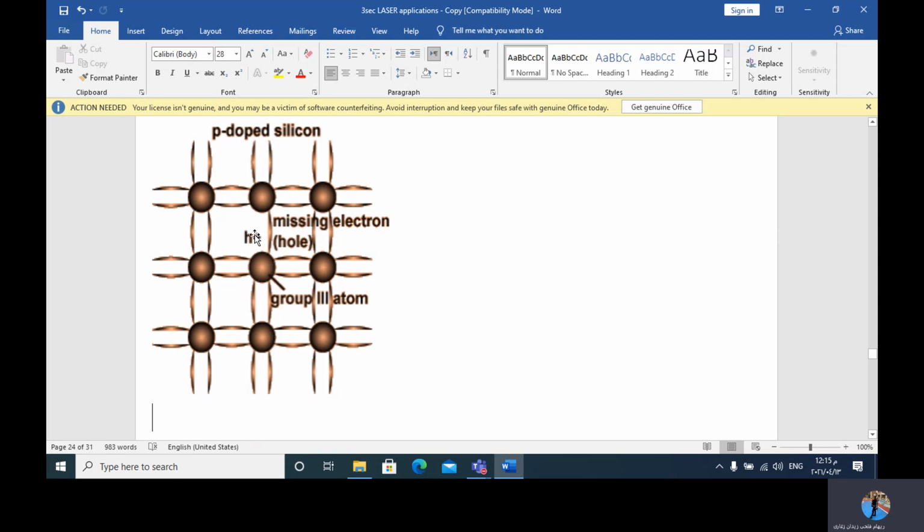Plus indicates the missing position of an electron. So an atom from group 3 has only 3 electrons around it and shares with 3 silicon atoms, but the fourth silicon atom cannot form the covalent bond because it's missing 1 electron. In this case, the missing place of this electron is considered a hole.